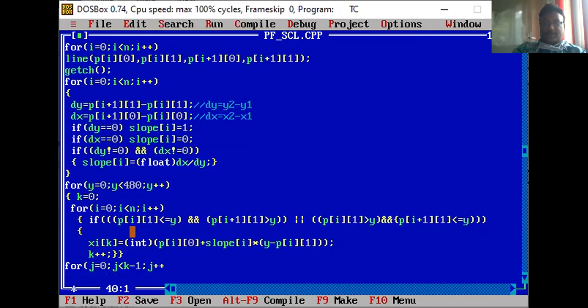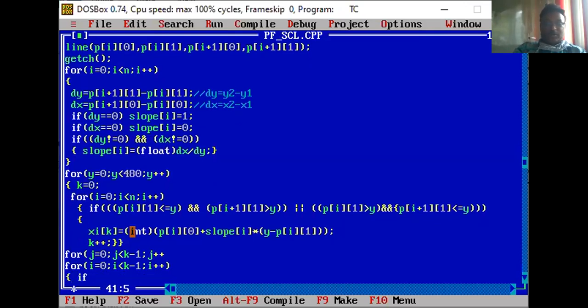Then for i equals 0, i less than k minus 1 times you have to go, i plus plus. I have to find out those intersections first. So if my xi is greater than xi plus 1, that intersection is greater than the next one.